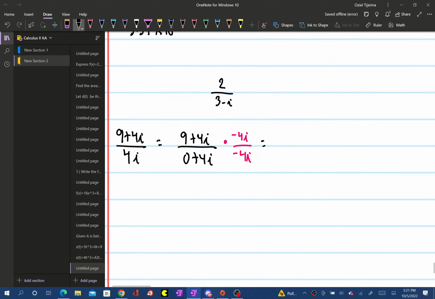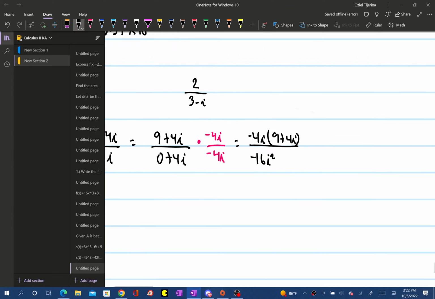0 minus 4i. Okay. So I have negative 4i times 9 plus 4i over negative 16i squared. Right, so negative 16i squared.